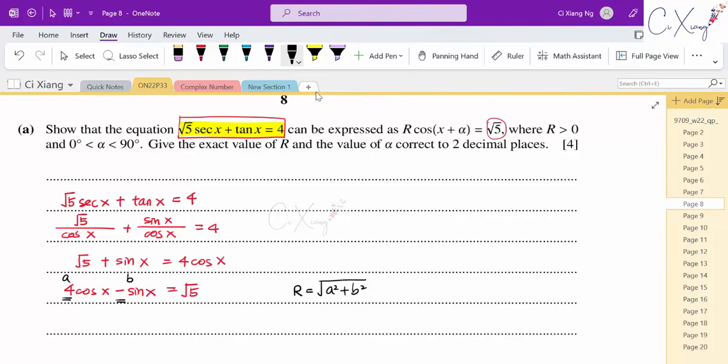Then to get alpha, alpha is tangent inverse of b over a, but we ignore all the negative signs. It is because it is given in the question that alpha should be between 0 and 90 degrees. If you want alpha in the first quadrant, of course we should remove all the negative signs. So this is a general formula for R and also alpha.